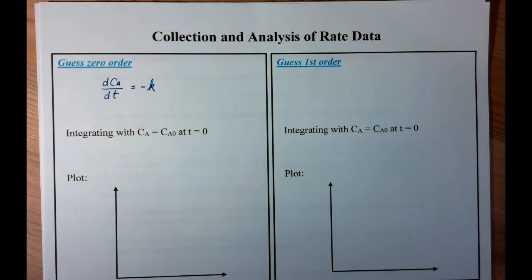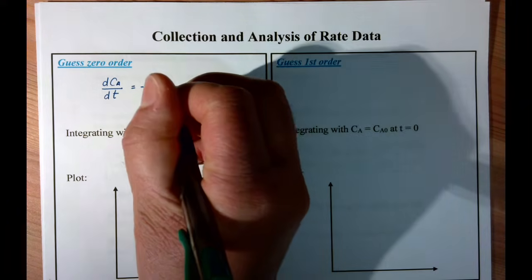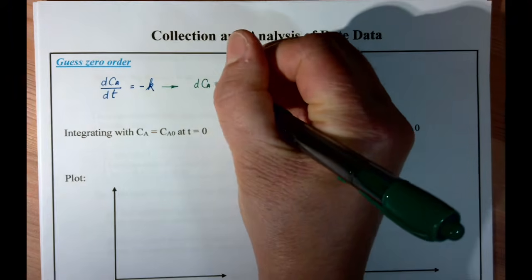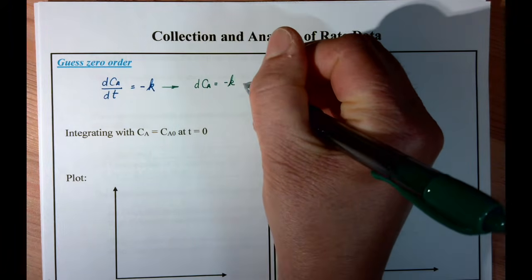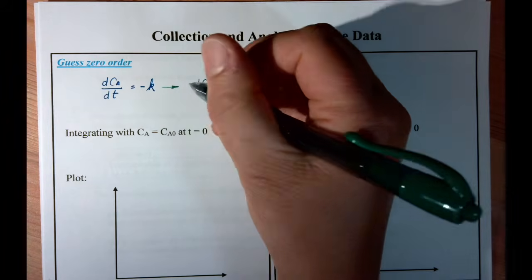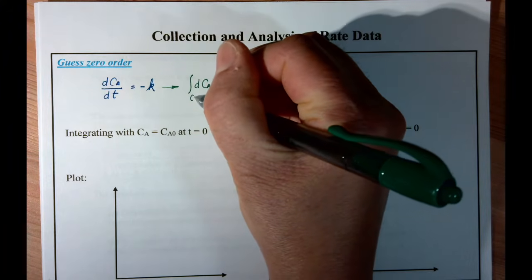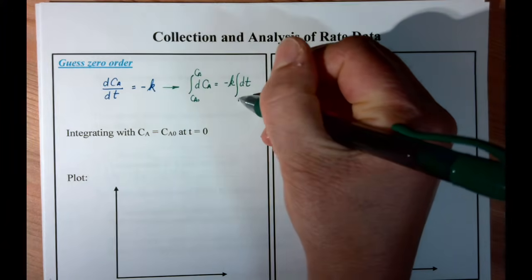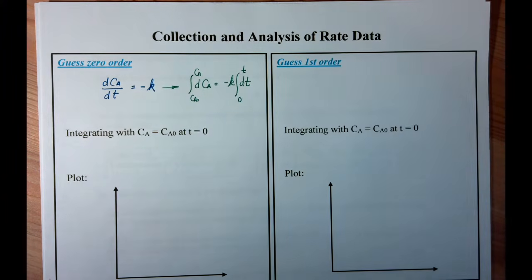From here, we integrate to obtain an expression of CA as a function of time. So we're going to separate variables and integrate. dCA would be equal to minus k dt, which I would integrate from CA0 to CA, and for time from 0 to t.